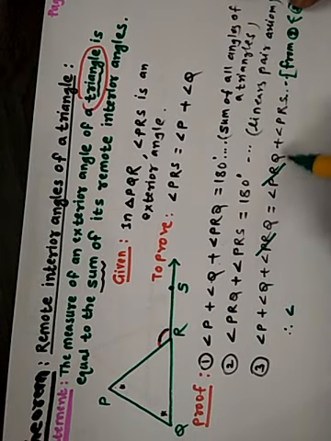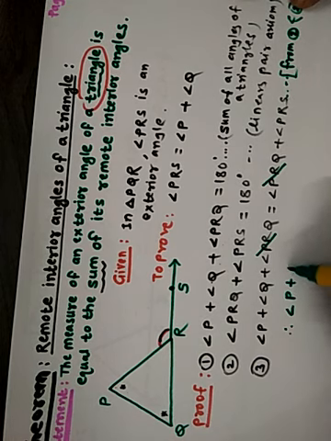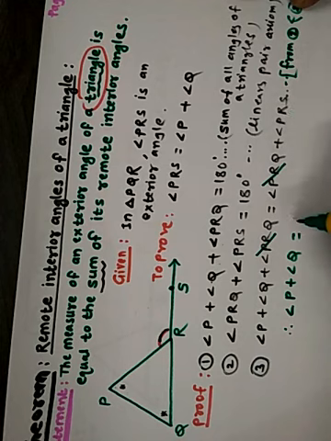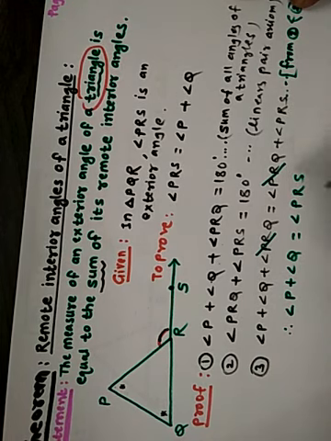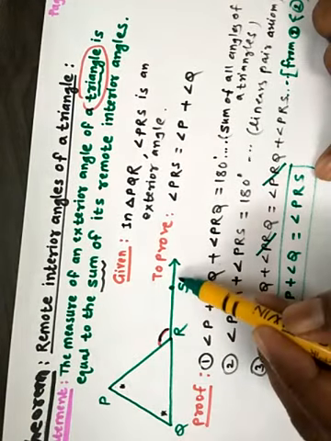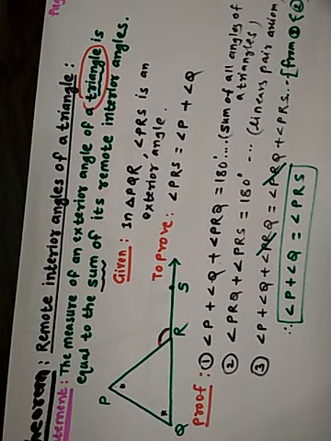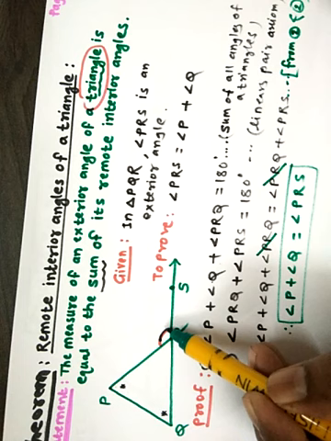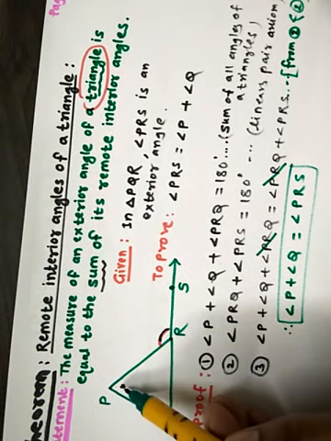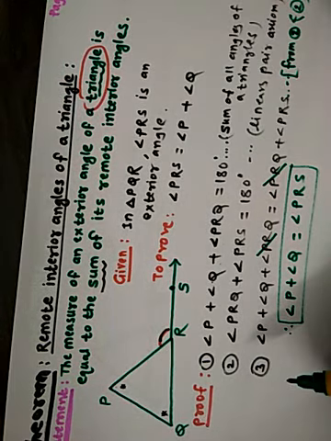By cancelling angle PRQ on both sides, we conclude that angle P plus angle Q is equal to angle PRS. So we have proved here that the measure of the exterior angle PRS is equal to the sum of its remote interior angles.